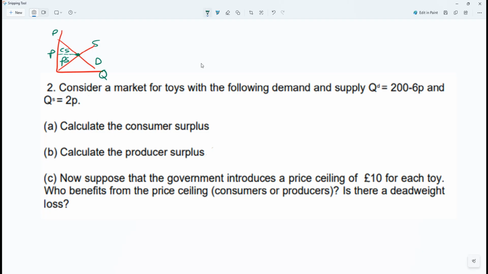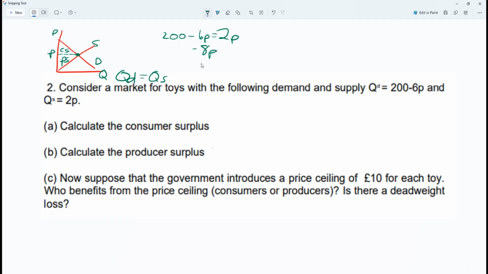To get this equilibrium, we're going to set QD equal to QS and solve for P. So QD is 200 minus 6P, and then that needs to equal quantity supplied, which is just 2P. Whenever I can, I'll try to do it in my head.